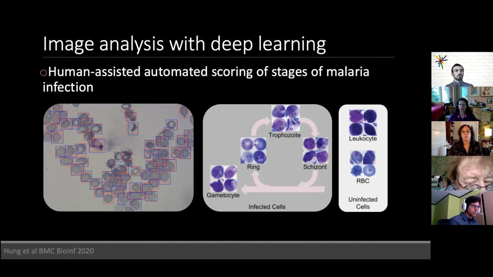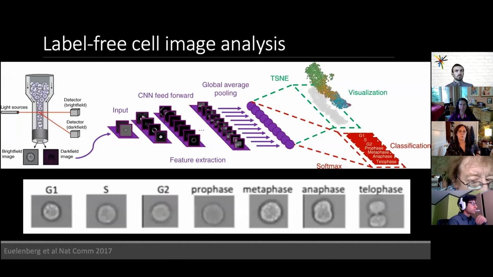region-based convolutional neural network. Another cool thing that they did was to use deep learning in a flow cytometry experiment, which doesn't have as much clinical relevance in pathology that I know of. But what they did was use deep learning to identify, just from bright field images of individual cells being flowed through this flow cytometer without any labels of any kind, no cell stage markers, no proliferation markers, what stage of the cell cycle a given cell was in.